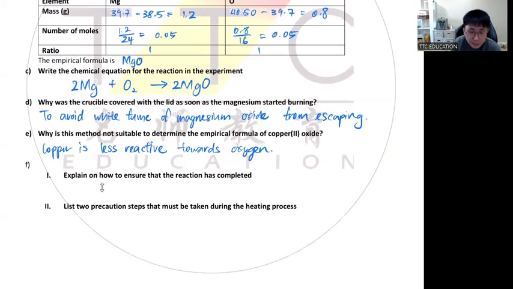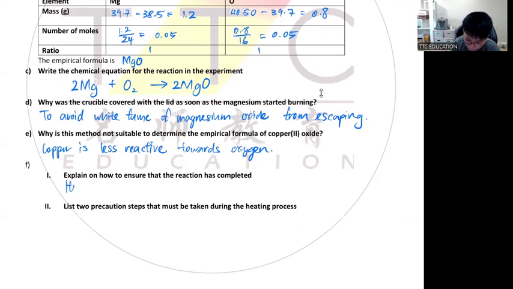Okay, and lastly, explain how to ensure the reaction has completed, guys. Remember this time what we did? Same, even though it is a different experiment, the way to get your final mass, you cannot just do it one time, then consider it done. The idea here is you need to always repeat 3 steps. What are the 3 steps? Heating, cooling, and weighing until constant mass is obtained.